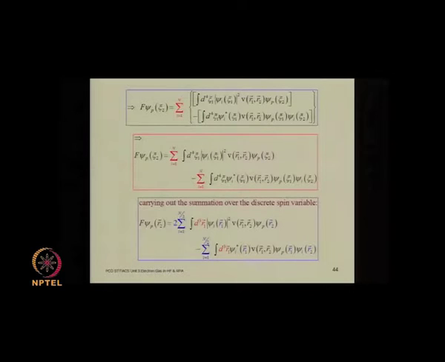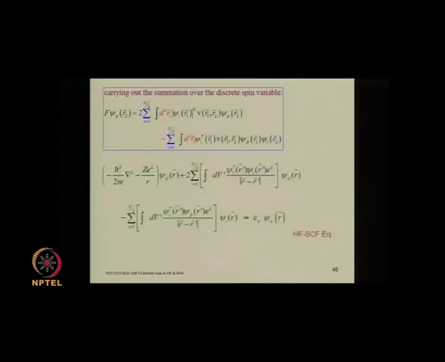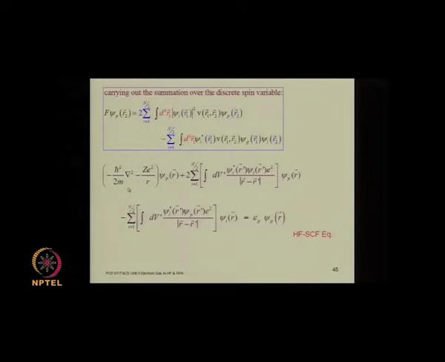So, now we have a fairly compact expression in which the summation over the spin variable has been carried out, and now this f psi p has been spelled out over here, and you have these two terms over here. So, you have got the one electron operator psi p, that is just the Hartree-Fock equation that we are working with. We are rewriting it in equivalent but more convenient forms. So, there is no new physics which is emerging as yet, but it soon will.